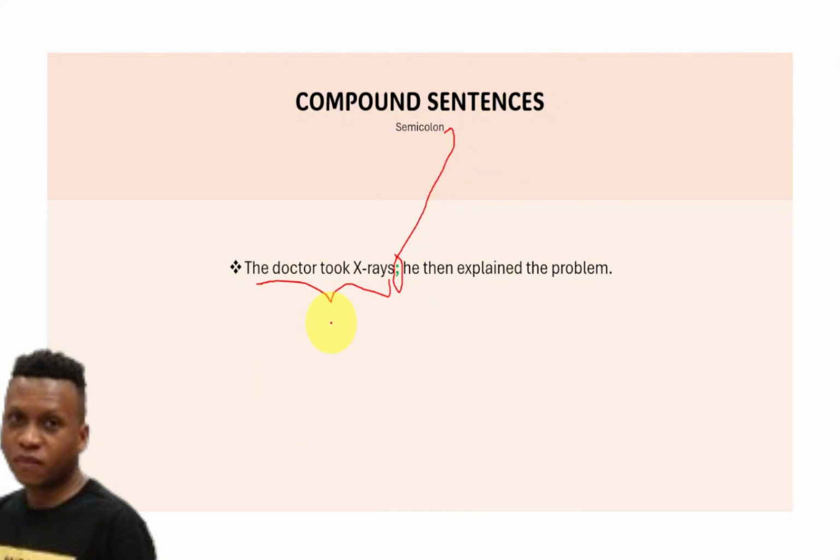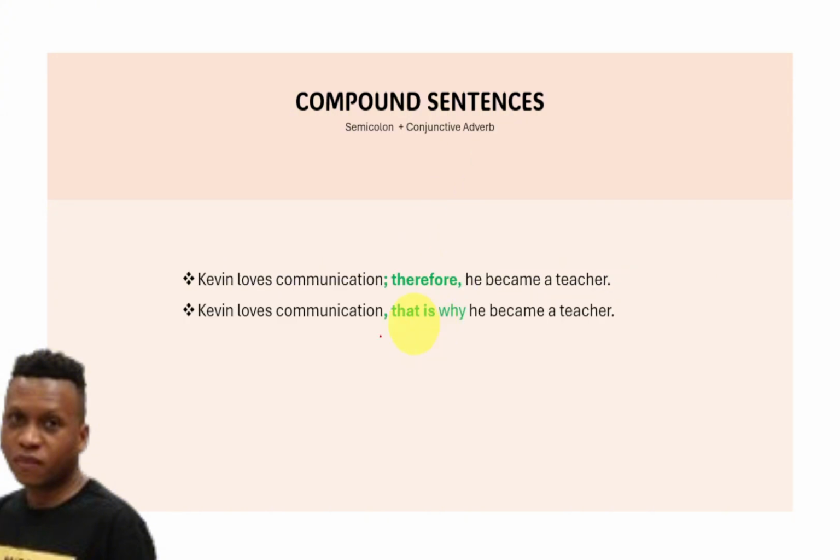So fine, it's done. He then explained the problem. Okay, so here is another part. So instead of saying the doctor took the X-ray, the doctor then explained the problem, we use the pronoun.